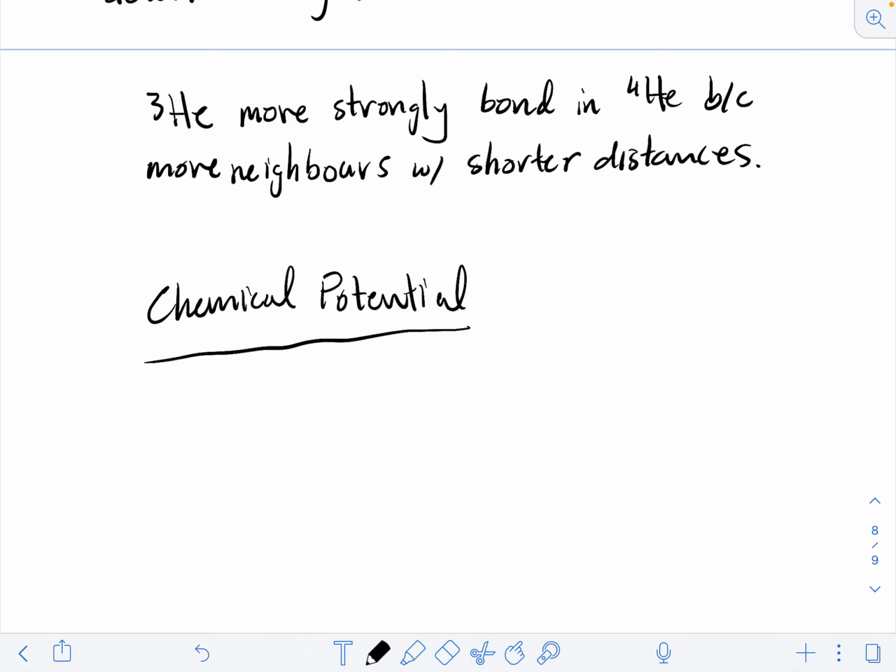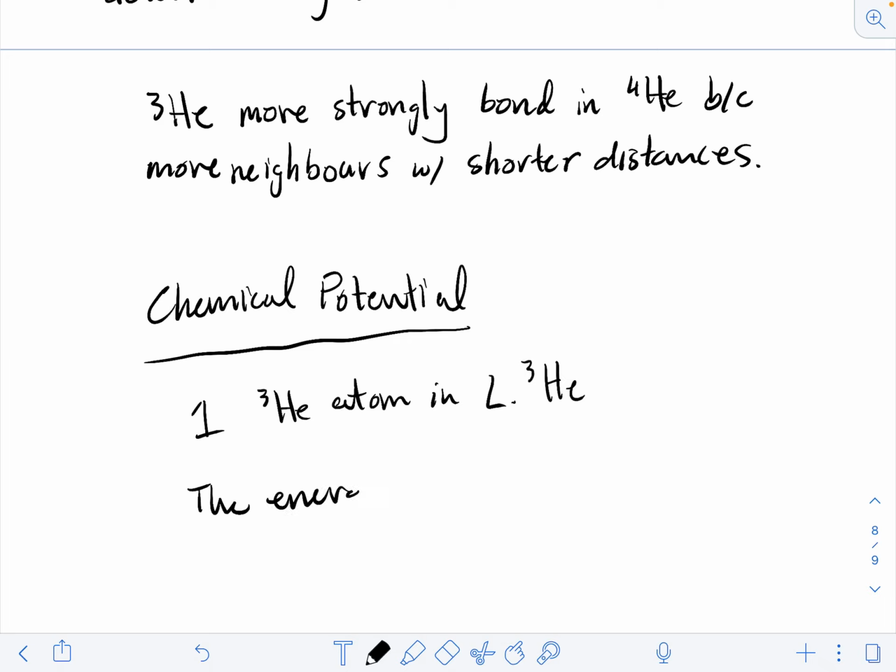And so we'll start by thinking about one helium-3 atom in liquid helium-3. So this is not the energetically favorable scenario, but let's start with this one.